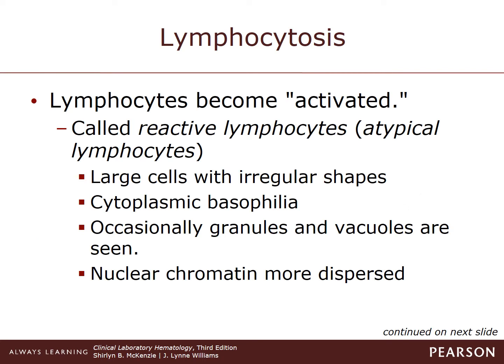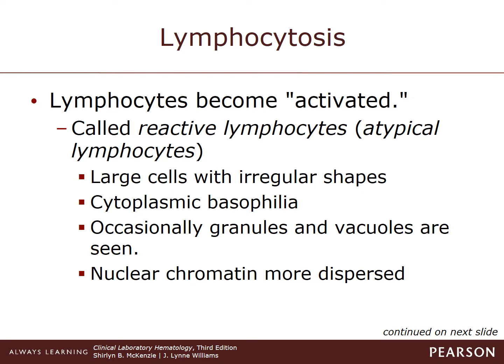Lymphocytosis is usually a self-limiting reactive process that occurs in an infection or some type of inflammation. Once lymphocytes have been stimulated by an infection or inflammation, they enter into various stages of activation, resulting in a morphologically heterogeneous population of cells that you can see on the peripheral smear.